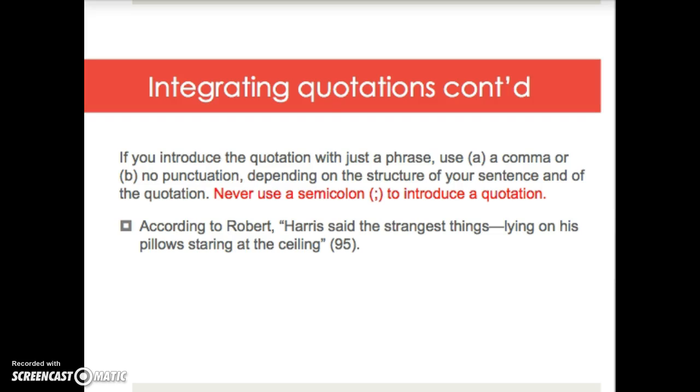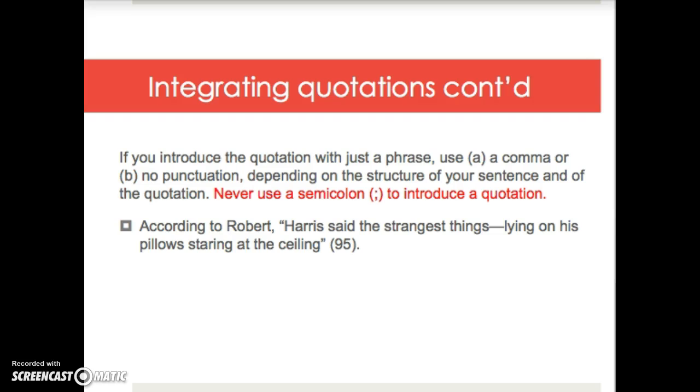So tip number 2, if you want to integrate a quotation, you can also just have an introductory phrase. A phrase is just another way of saying an opening part of your sentence where there's no subject and verb combination, so it's not a complete sentence, it's a part of a sentence.